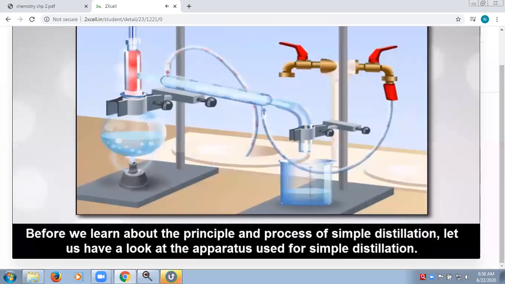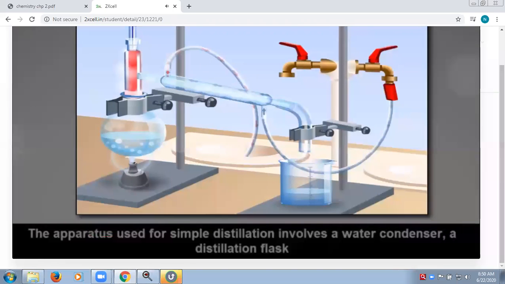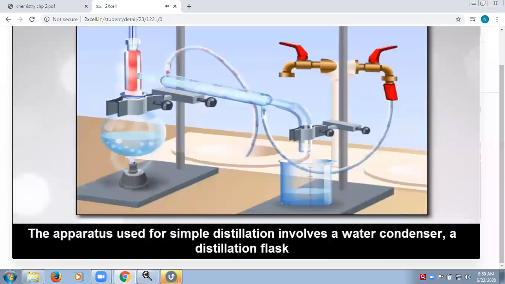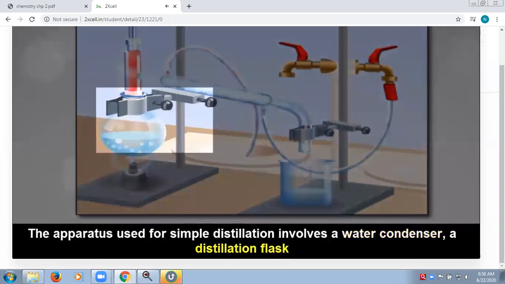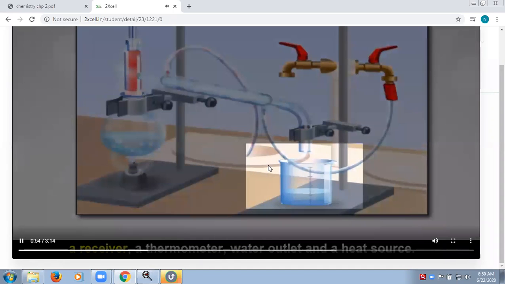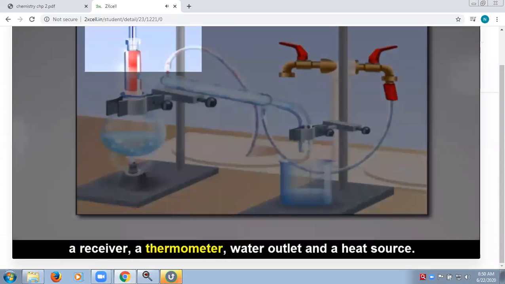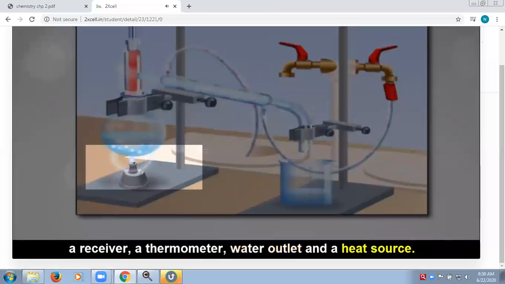Before we learn about the principle and process of simple distillation, let us have a look at the apparatus used for simple distillation. The apparatus used for simple distillation involves a water condenser, a distillation flask, a receiver, a thermometer, water outlet, and a heat source.